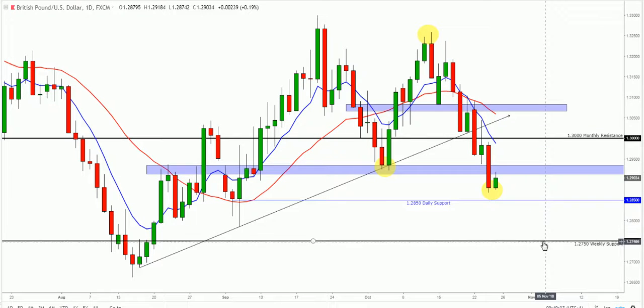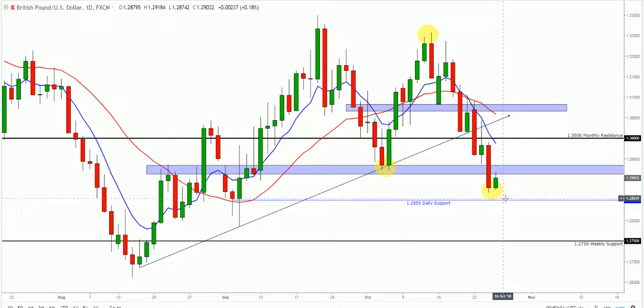1.2750 weekly support. As I said, there is potential to see price revisit this 1.3 monthly resistance. However, this time frame is giving me doubts that we could actually see that this week, given the amount of bearish pressure.